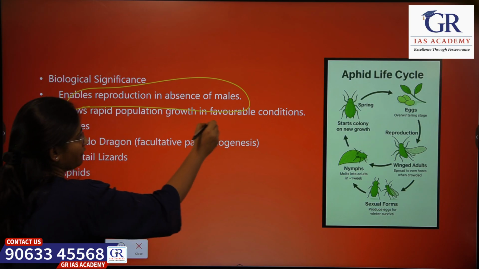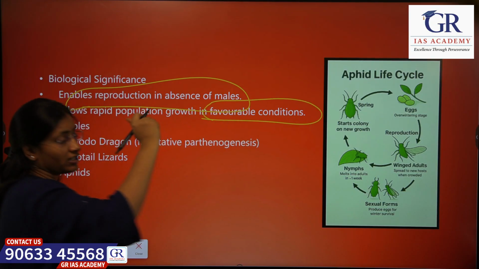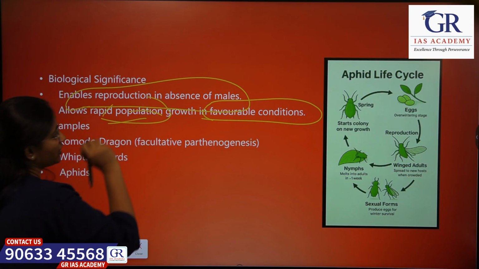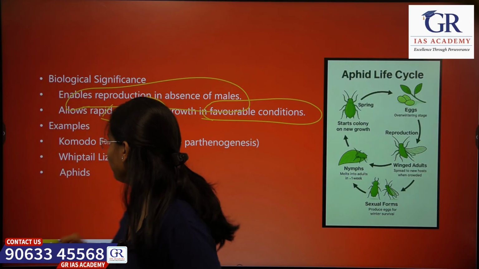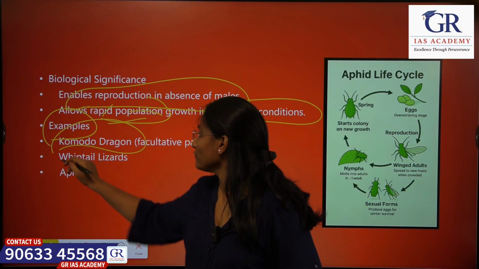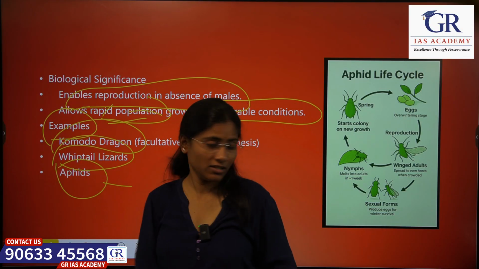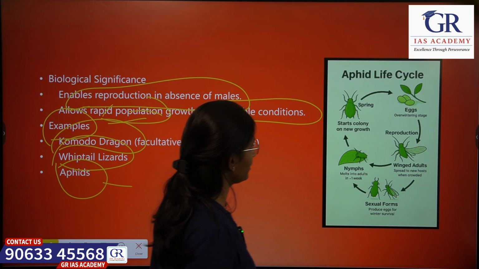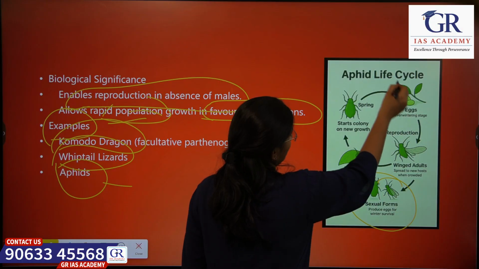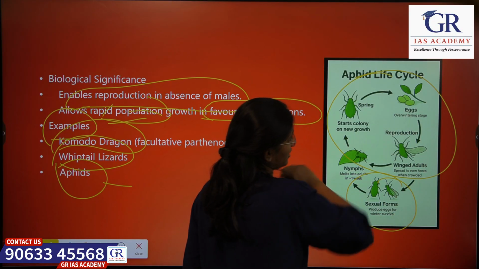When there is a favorable condition for the species to grow, then their population grows rapidly. What is the example for this process? Komodo dragon, whiptail lizards and aphids, and this is the aphid life cycle. See here, if you notice, this is absent in parthenogenesis.